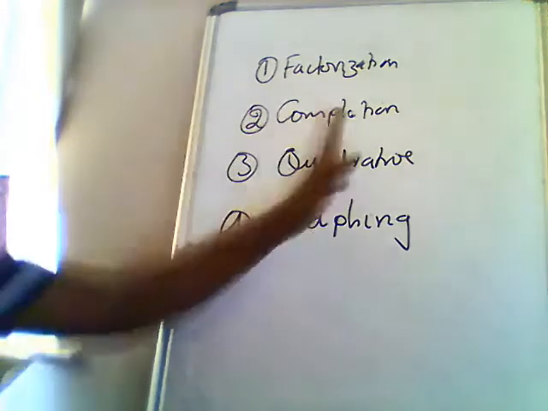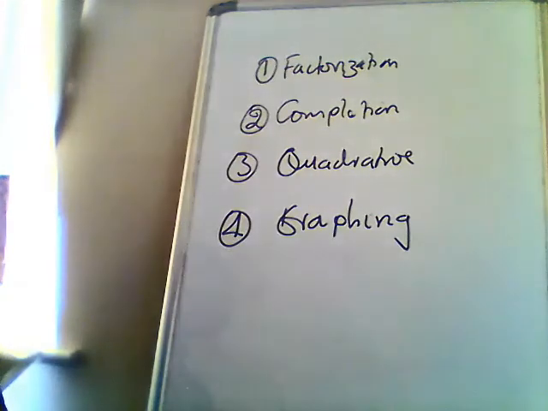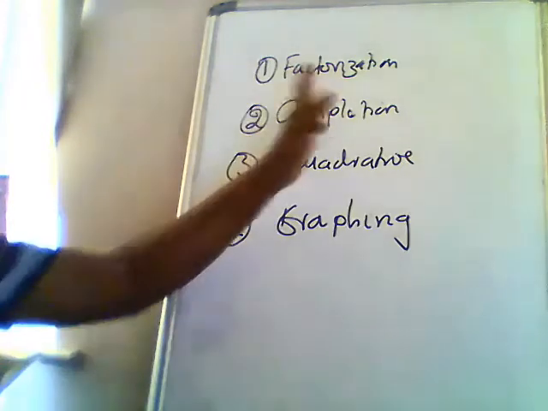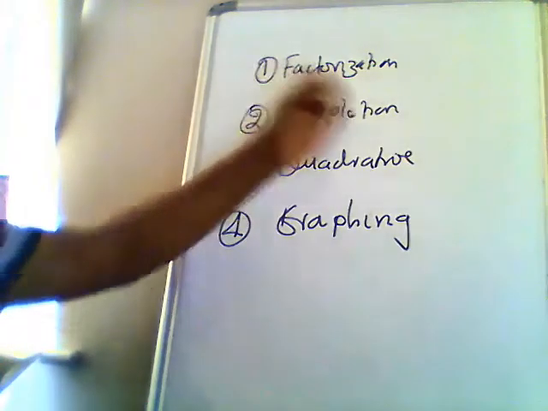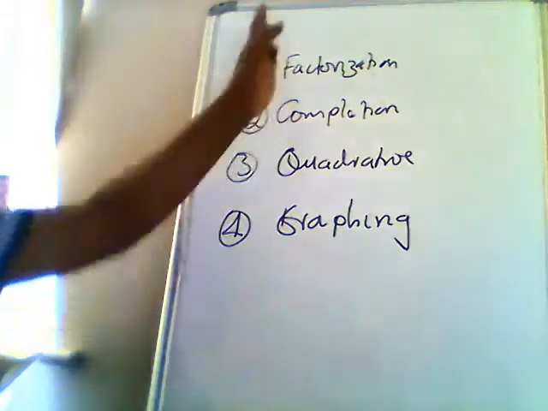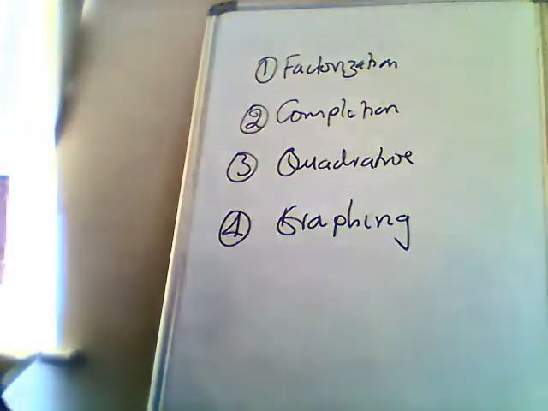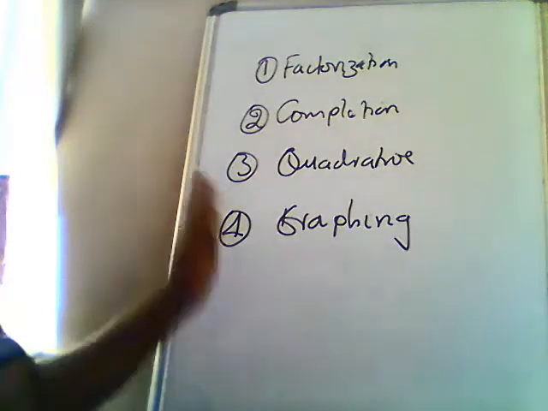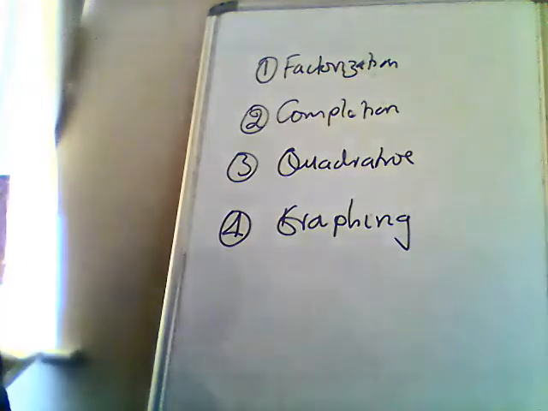Now, in your exam, read carefully the question you have been given to check whether they have asked you to use a specific method, which is more likely to be one of these 4, or they have just left the question open, which means you have a choice of which method to use.